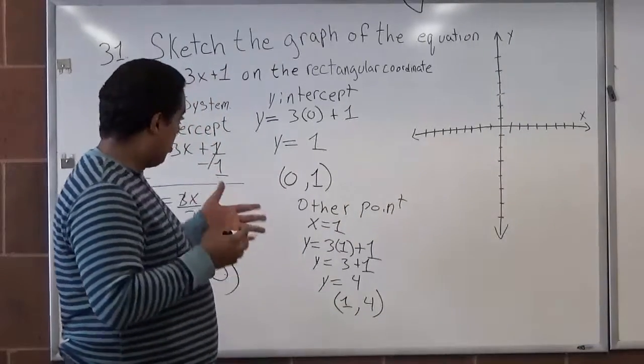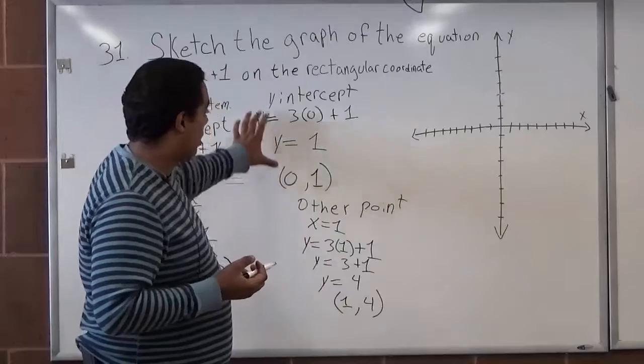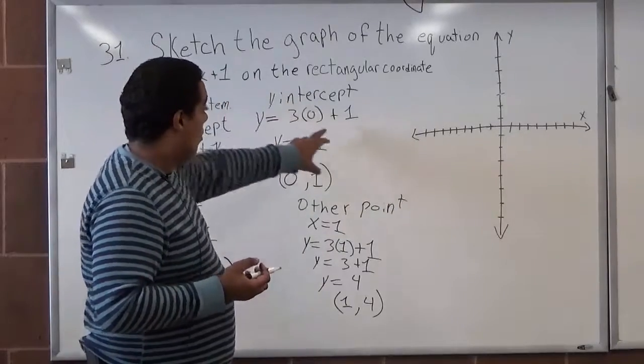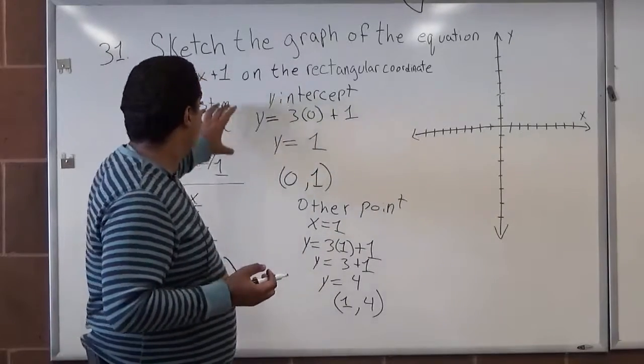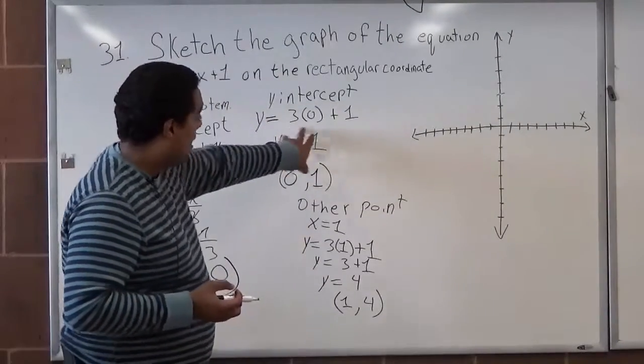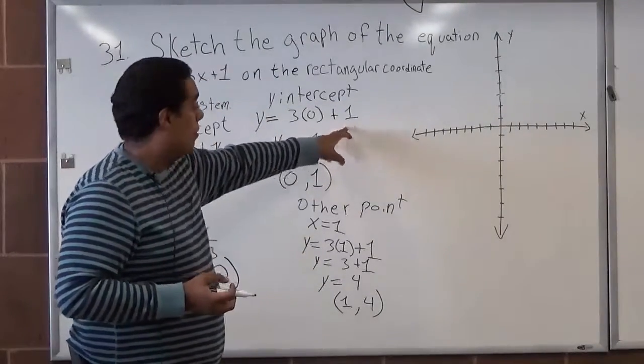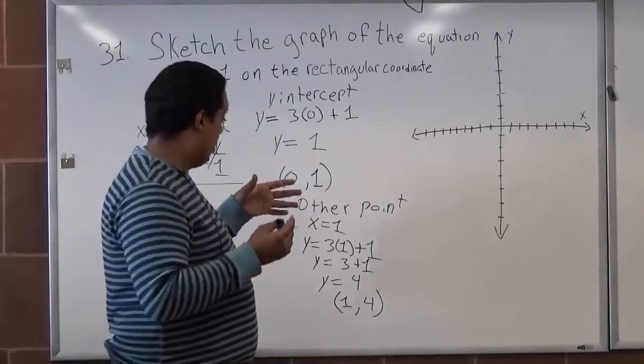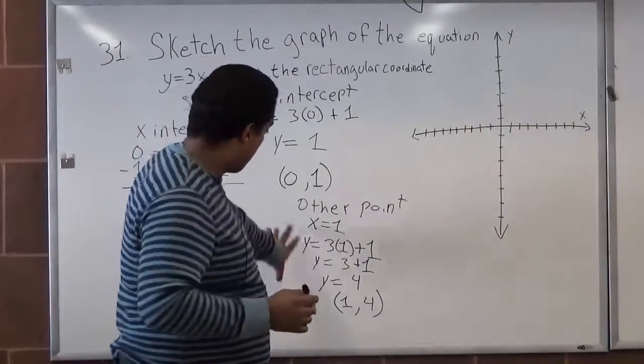But another thing that you may have noticed here is our y-intercept was the same number right here. This is what's known as slope-intercept form, where you have your slope and your y-intercept. So first let's graph it this way.